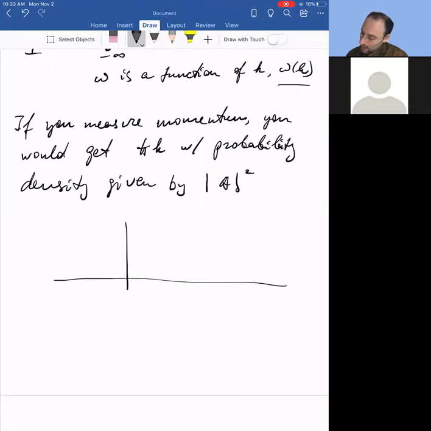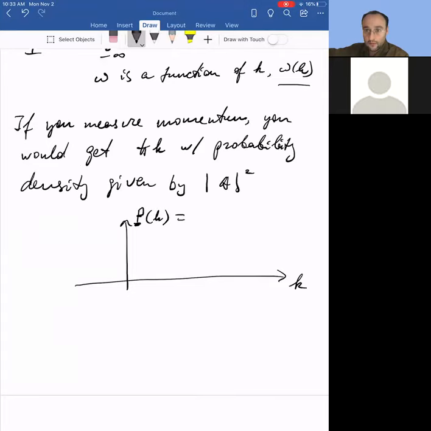So for example, this thing can look something like this. This is k. This is probability of k. P of k, big P, probability, not momentum, probability. And it could be some kind of a thing.